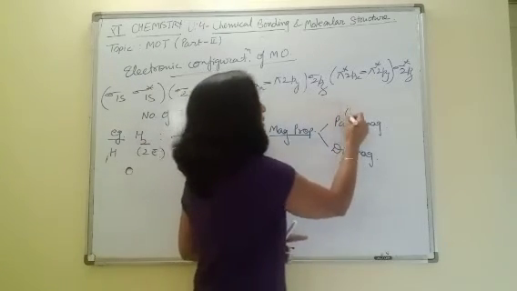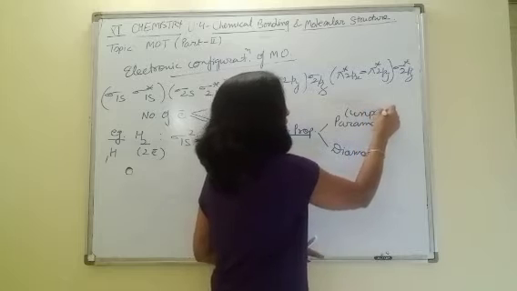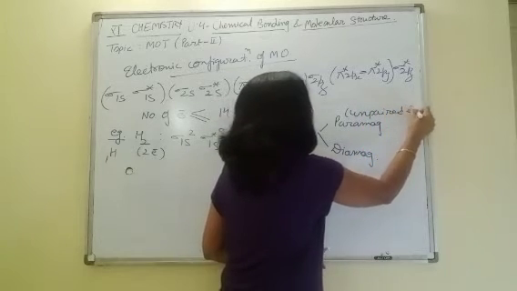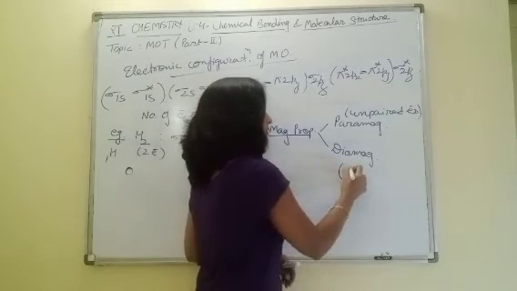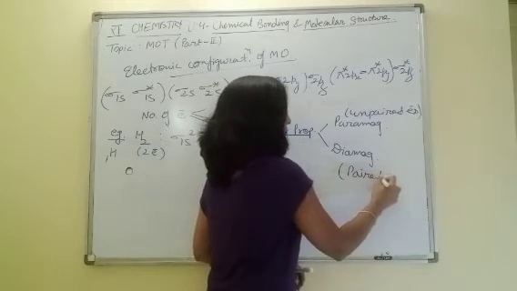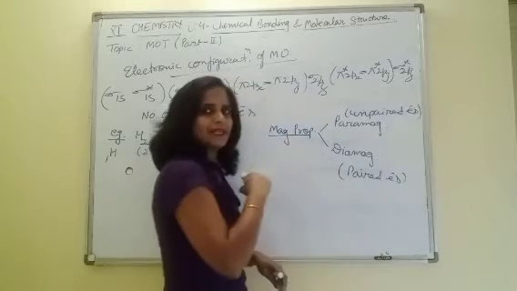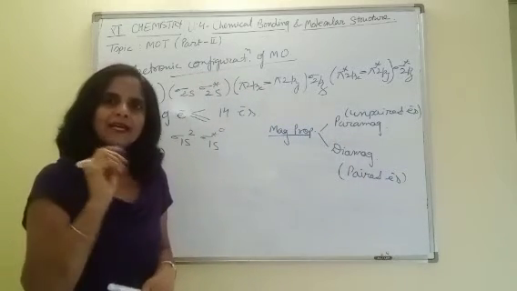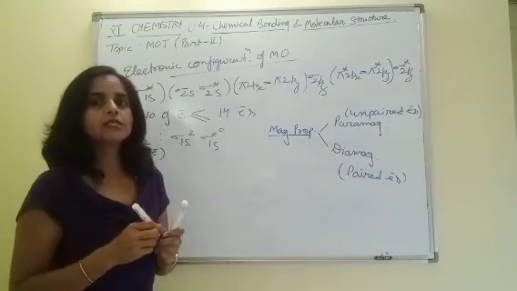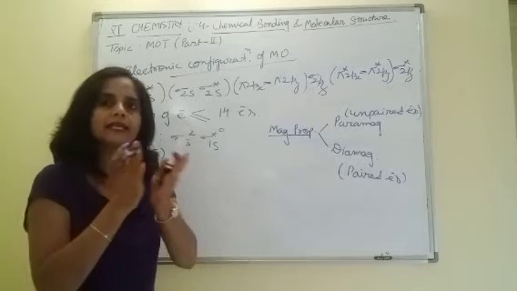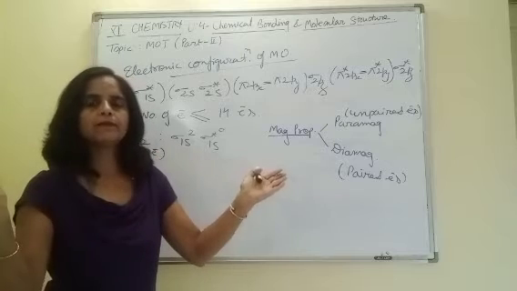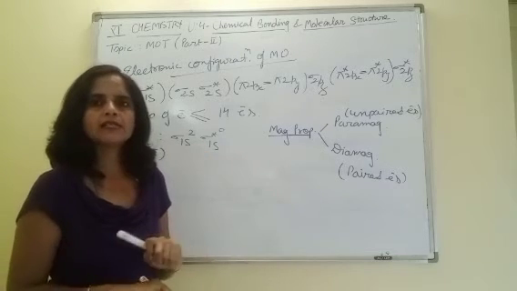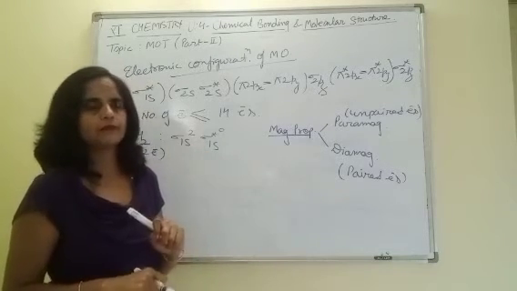If unpaired electrons are present, this is paramagnetic. Paired electrons, this is diamagnetic. Paramagnetic species are weakly attracted by an external magnetic field. Dia species are weakly repelled by an external magnetic field.